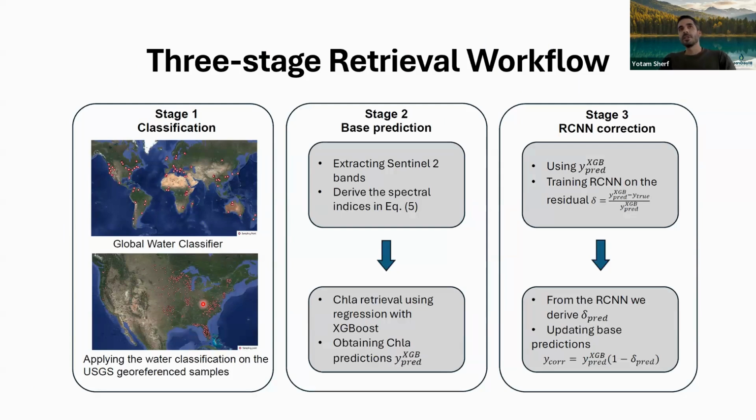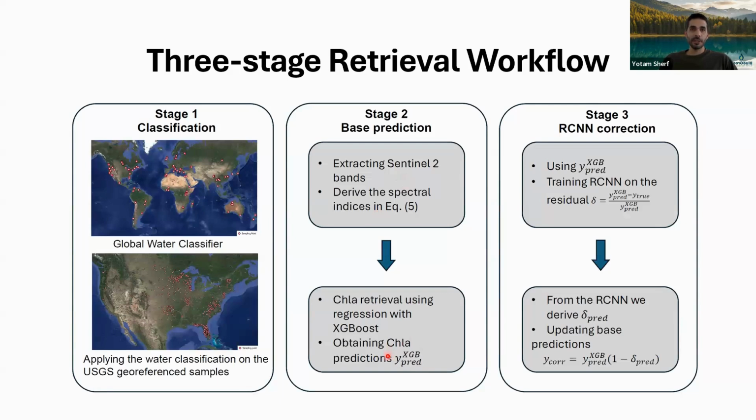And this is the three-stage retrieval workflow. In the first stage, the classification by the Global Water Classifier, we built the classifier and we applied it on the USGS dataset. In the second stage, we applied it on the USGS dataset by using XGBoost regression. So we extracted the Sentinel-2 bands, we calculated the spectral indices, and we retrieved chlorophyll-a values and obtained the prediction.